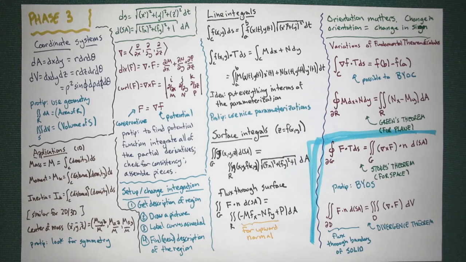But even if there's no picture, it's going to be because it should be a very simple description. Your description of your region might come from just saying what the curves or the surfaces involved are. Draw a picture if one's not provided, label the curves as needed, and find new descriptions. And remember, you can get old descriptions from bounds.